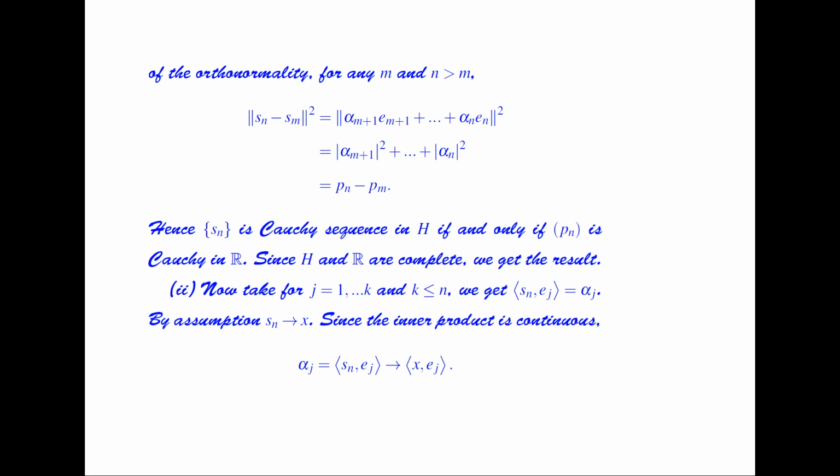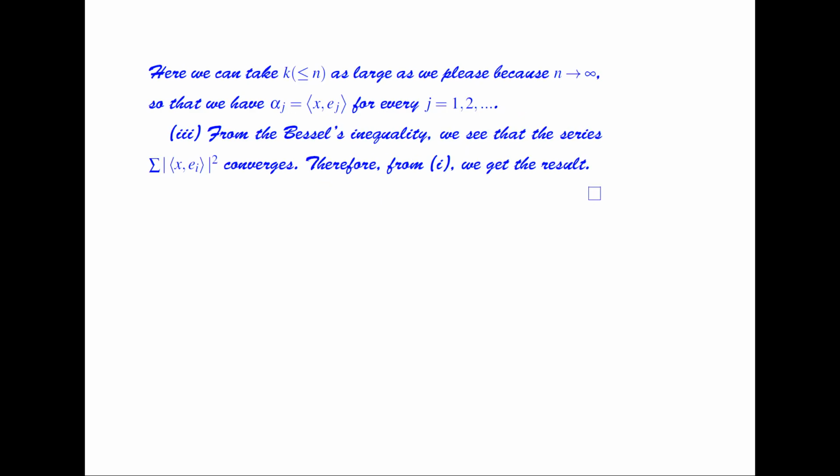By the assumption, S_n converges to S, and since the inner product is continuous, we have alpha_j equal to the inner product of S_n comma e_j converges to the inner product of x comma e_j. And here we can take k less than or equal to n as large as possible, because n converges to infinity, so that alpha_j is equal to the inner product of x comma e_j for every j equal to 1, 2 and so on. Clear? So now we get the result.